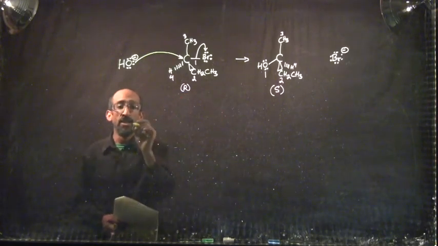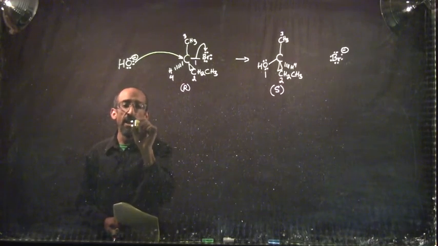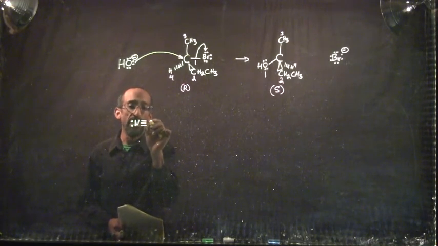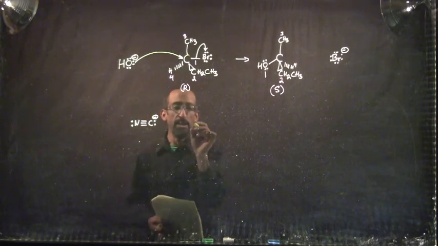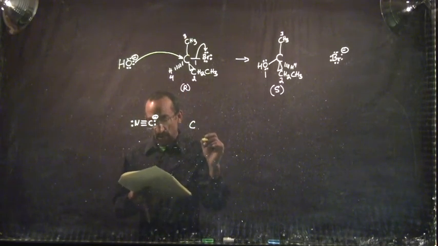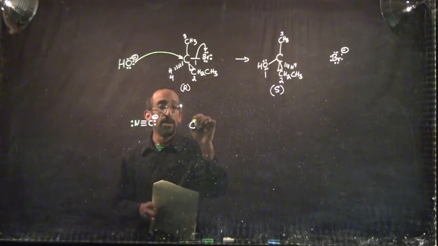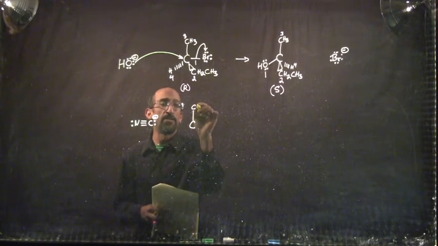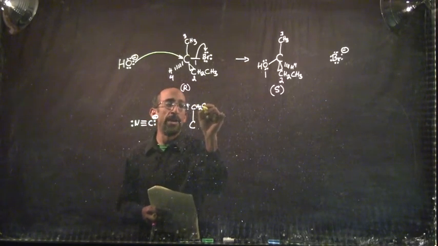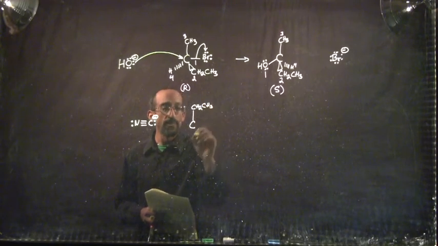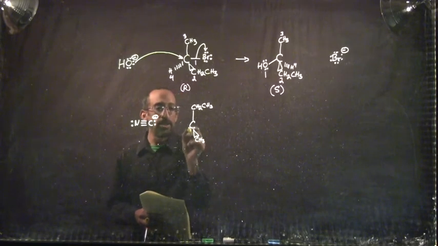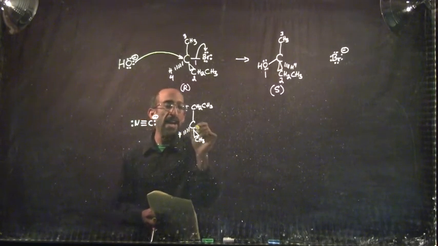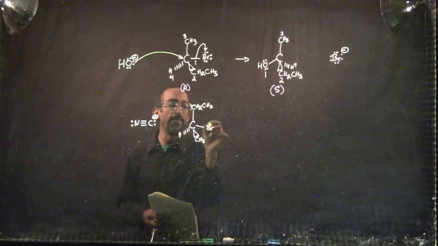This time I'm going to use cyanide again as my nucleophile. But this time I'm going to start with a carbon atom that has a slightly different stereochemistry. So here now I'm going to put an ethyl group up. I'm going to put my methyl group on a wedge, my hydrogen on a hash, and here's my leaving group.